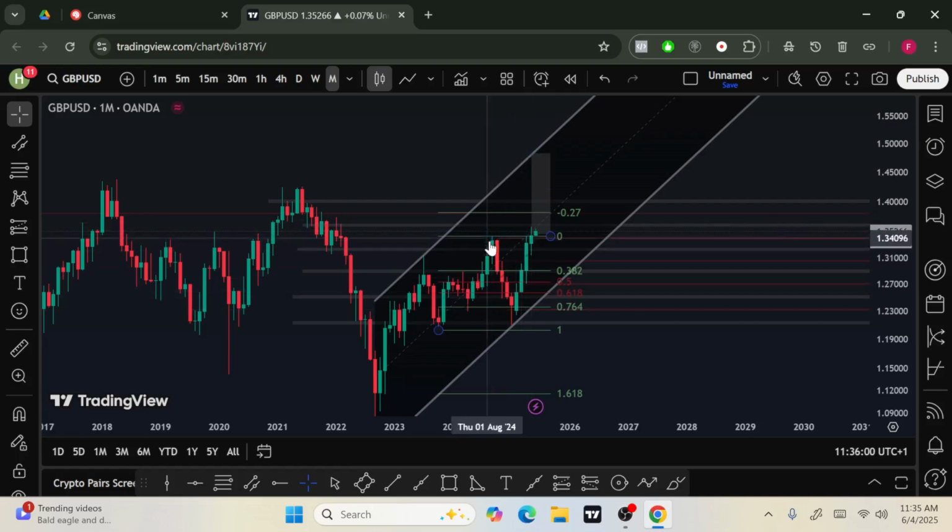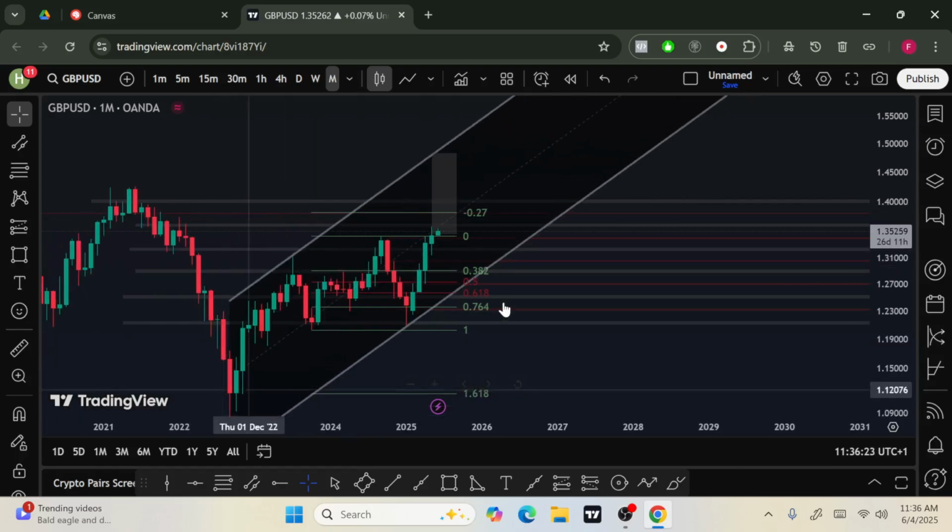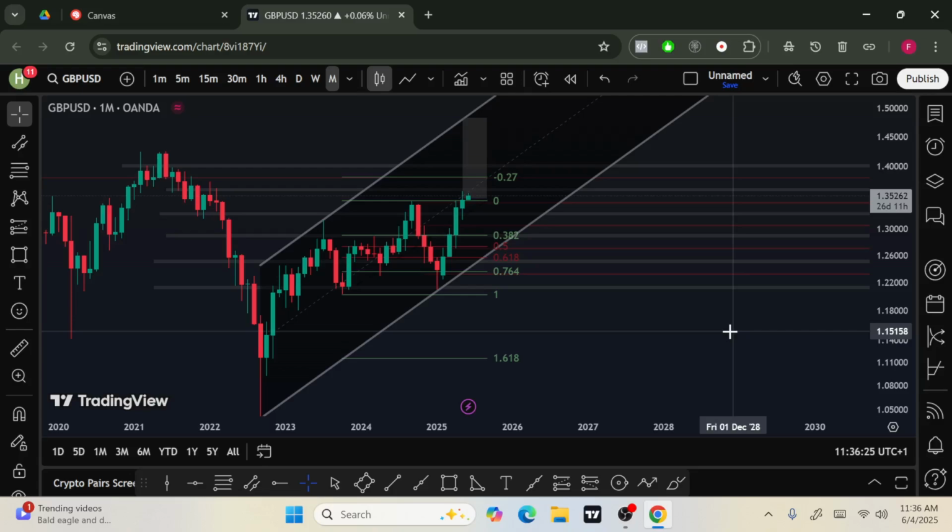Now you see this market respects it by giving us a bullish engulfing bar, got to 0, and we are expecting this market to come to minus 0.27, and you can see that minus 0.27 is on a what? Are you getting it now? This bearish engulfing.